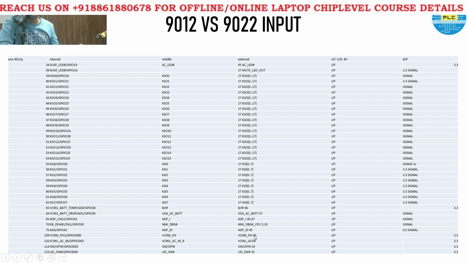Adapter ID, and PH is thermal information. Here also there is thermal information, AC, and the same ON/OFF and lid. Almost the same, but here there is an extra AC LED, one more AC LED input to this particular IO.